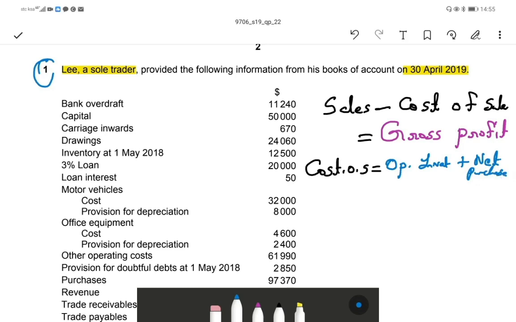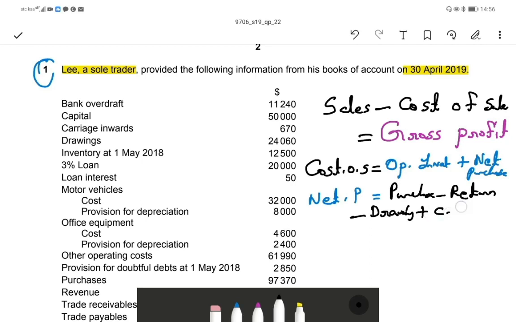So net purchase is equal to purchase minus any purchase return, minus any drawing by goods, plus carriage inwards. So then we will calculate the gross profit of the business.